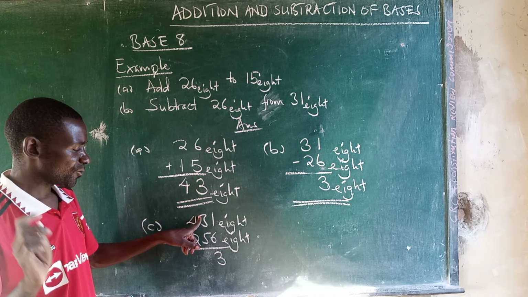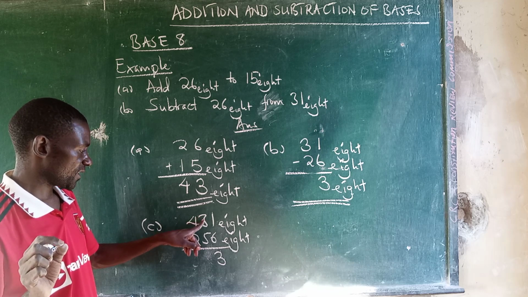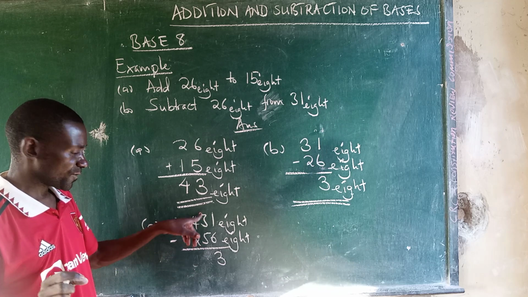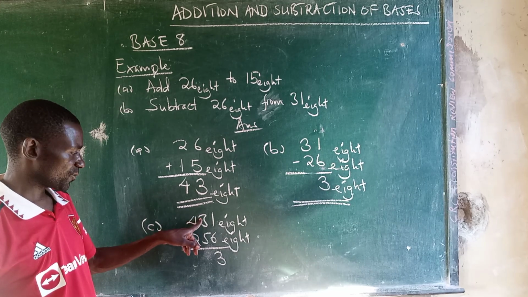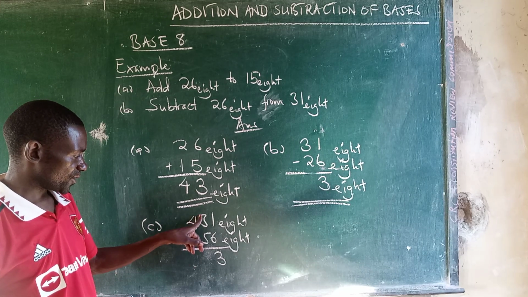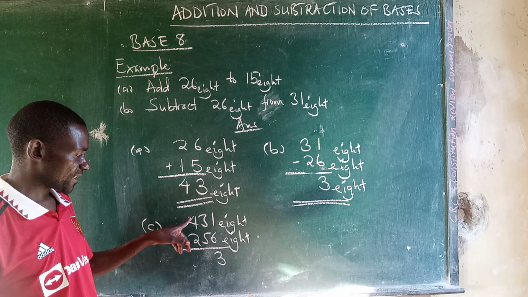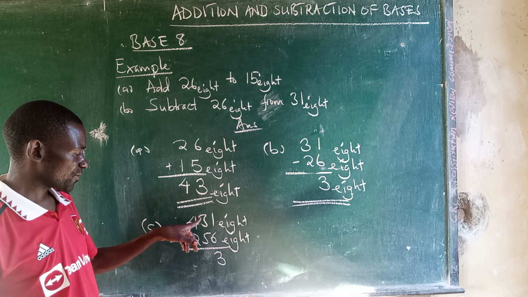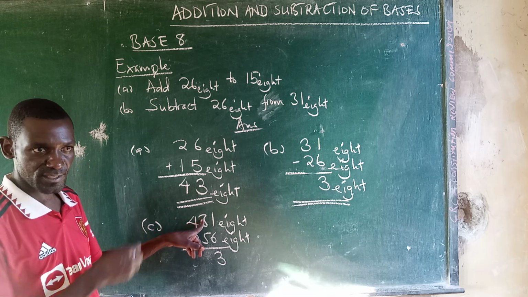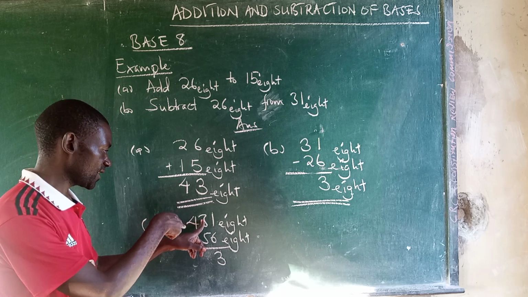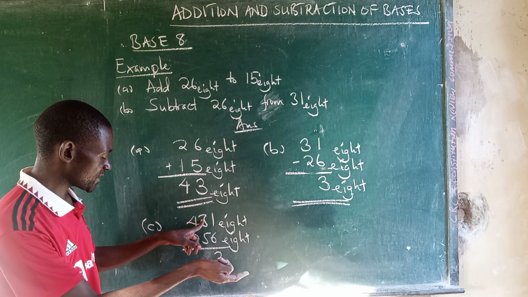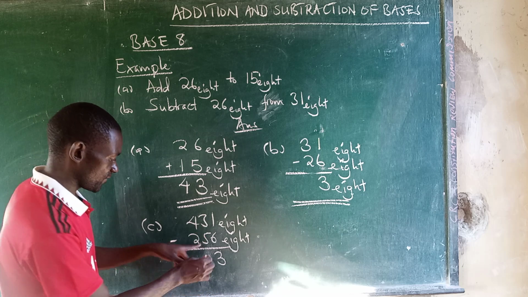Here, there are now 2 eights that are remaining. So out of the 2, if we want to subtract 5 from 2, this one is smaller, so we'll get an 8 from here. That 8 we've gotten, we add with the 2 eights that are remaining here. So 8 plus 2, that is 10. 10 minus 5 is 5.